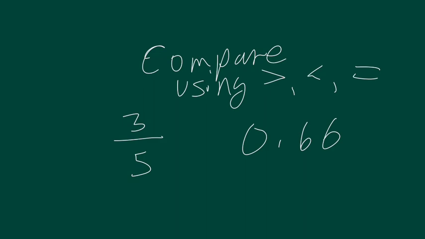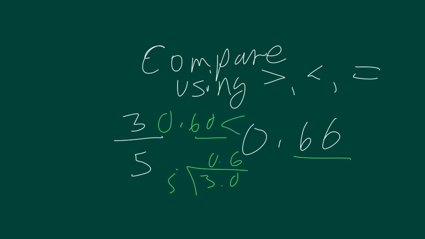So if you divide 3 by 5, like we talked about before, you're going to get an answer of, and this is very quick, 0.6. That would be 0.60 if you want to add another place, so you have the same place values. But you should be able now to clearly see that 0.66 is a larger number.